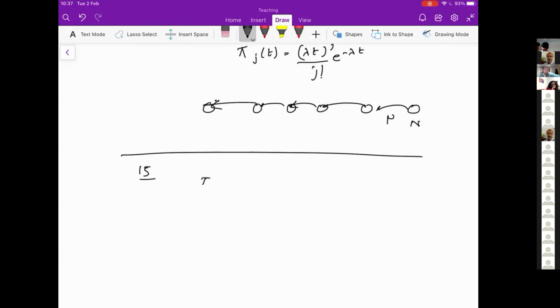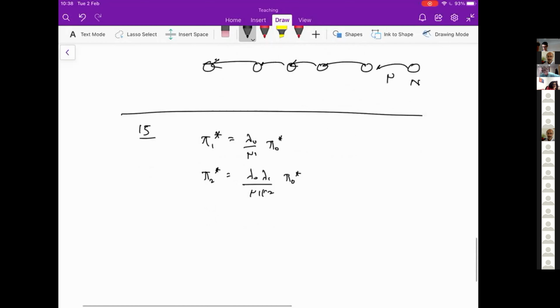We start like this: pi 1 star is lambda 0 by mu 1 times pi 0 star. And then pi 2 star is given by lambda 0, lambda 1 by mu 1, mu 2 times pi 0 star, and so on. So basically we multiply the numerator by lambda 0, lambda 1, and the denominator by mu 1, mu 2, etc.